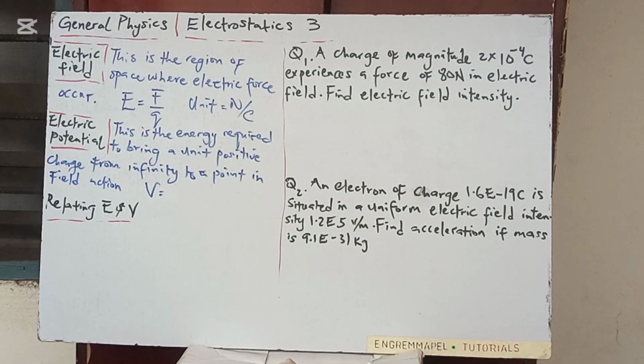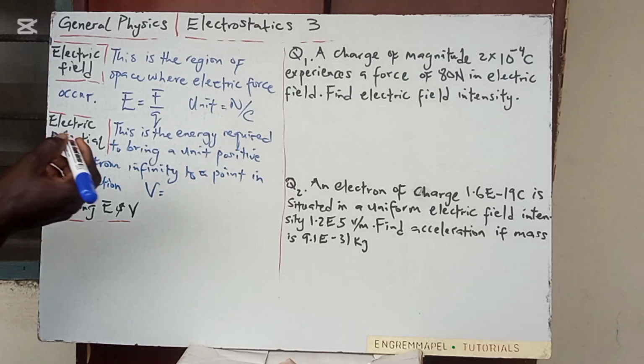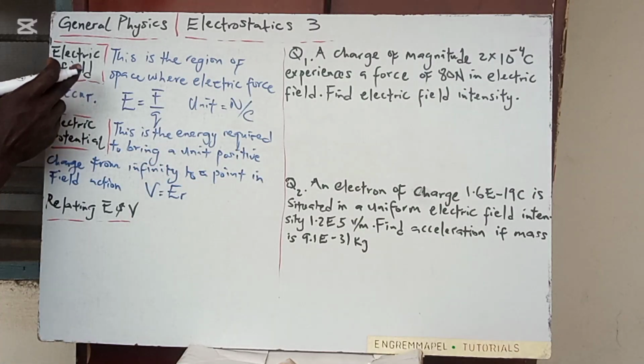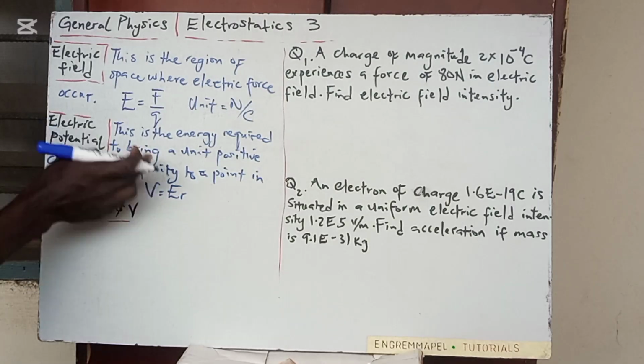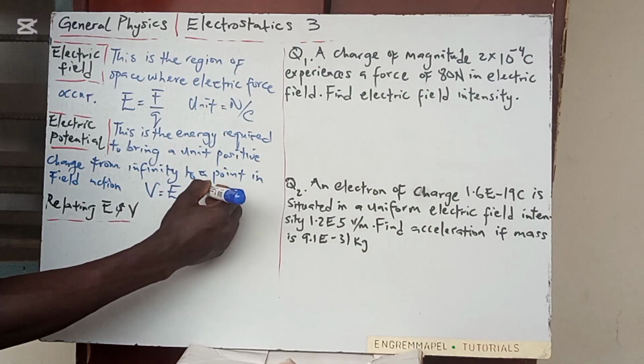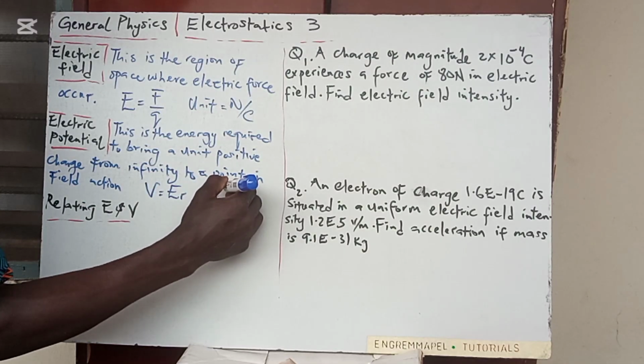So what is voltage? You can calculate voltage as ER when you have electric field in the calculation, and this R is the distance. Another formula for electric potential is work done over charge.